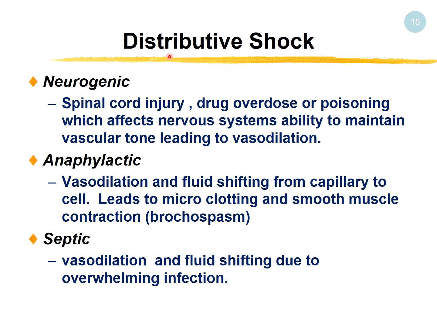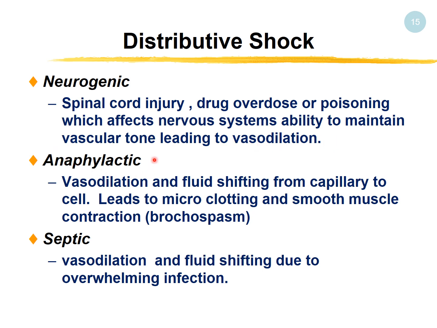Now, the distributive shock. This is another type that we discussed, and that's related to the vasodilative situation. As we mentioned before, the neurogenic one usually happens when a spinal cord injury occurs, or when you overdose on drugs or poisons affecting the sympathetic nervous system, and that cannot maintain the normal vascular tone and leads to vasodilation.